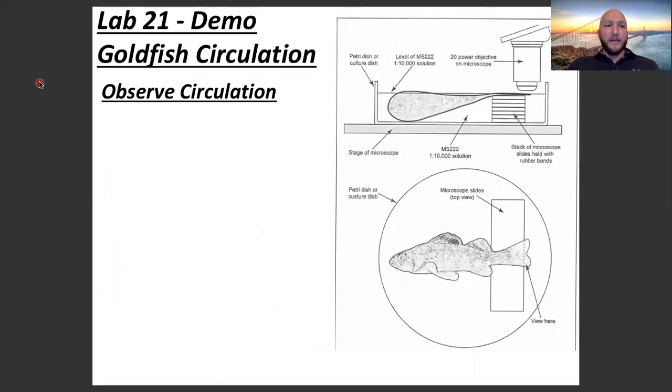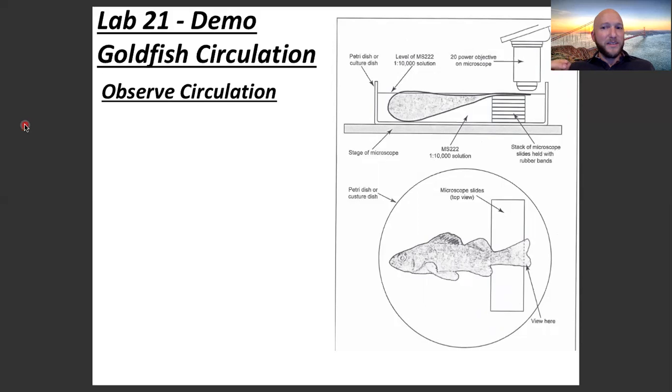Goldfish circulation. We do this for a few reasons. When we're studying the circulatory system, it's kind of hard to visualize. Conceptually we understand there's this liquid flowing through our bodies with cells in it and everything else we discussed in the blood lecture.